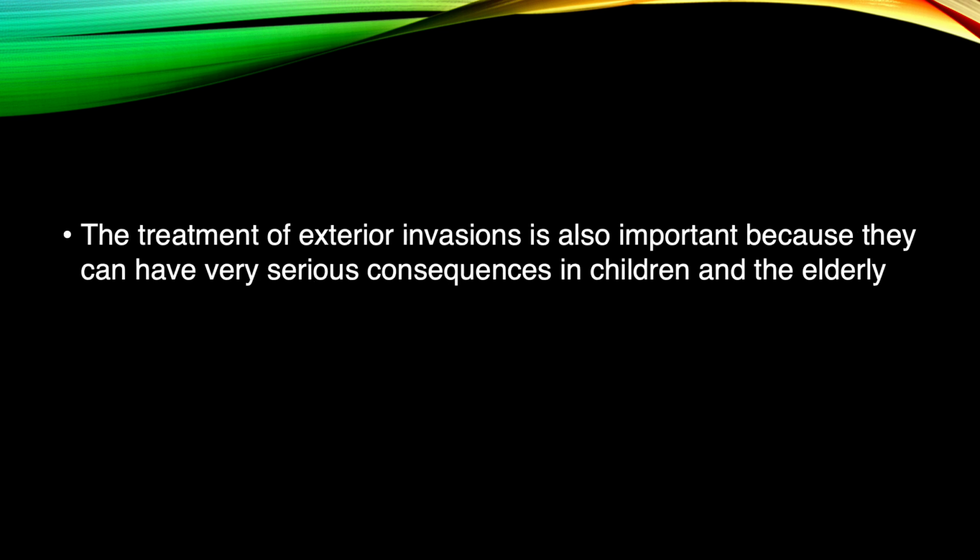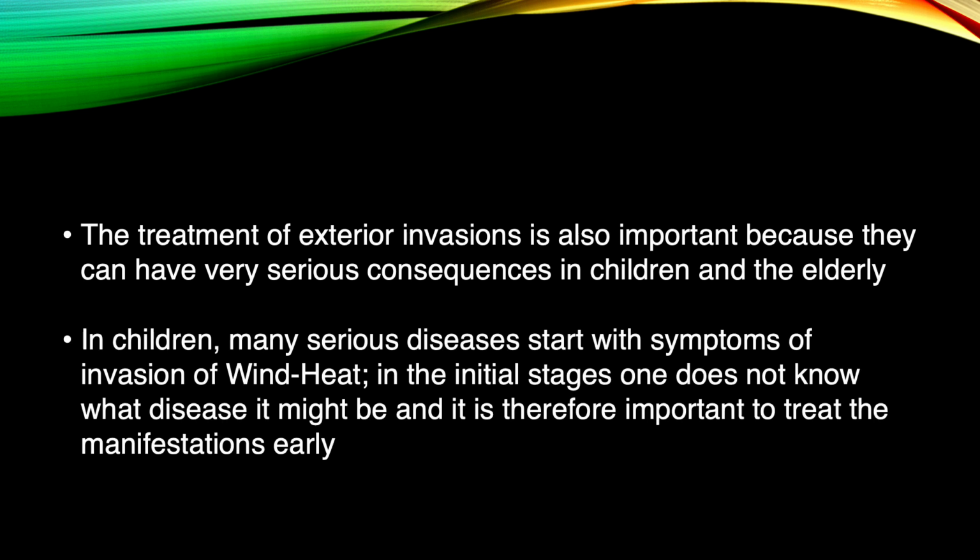The treatment of exterior invasions is also important because they can have very serious consequences in children and the elderly. In children, many serious diseases start with symptoms of invasion of wind heat. In the initial stages, one does not know what disease it might be, and it is therefore important to treat the manifestations early.